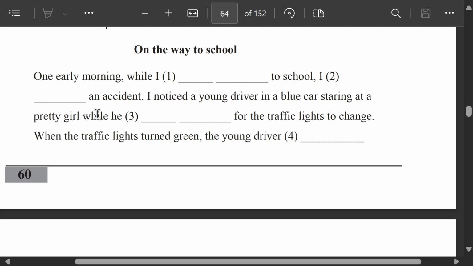He was waiting for the traffic lights to change. You know the traffic lights? Red, yellow, green. He was waiting for the traffic lights and staring at a girl. That's what was happening. Okay?